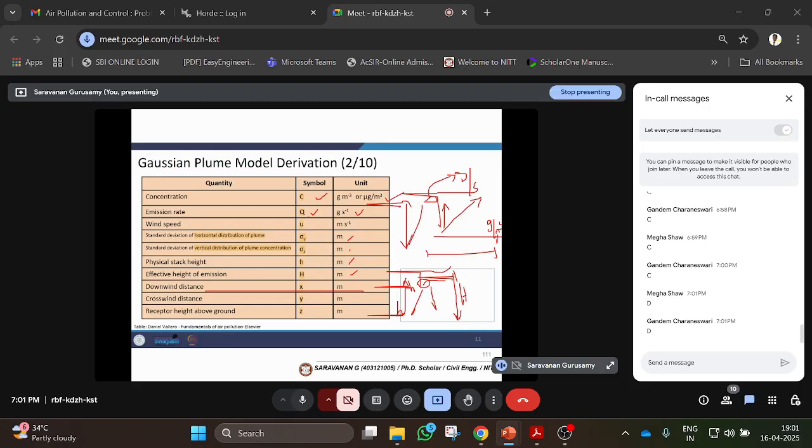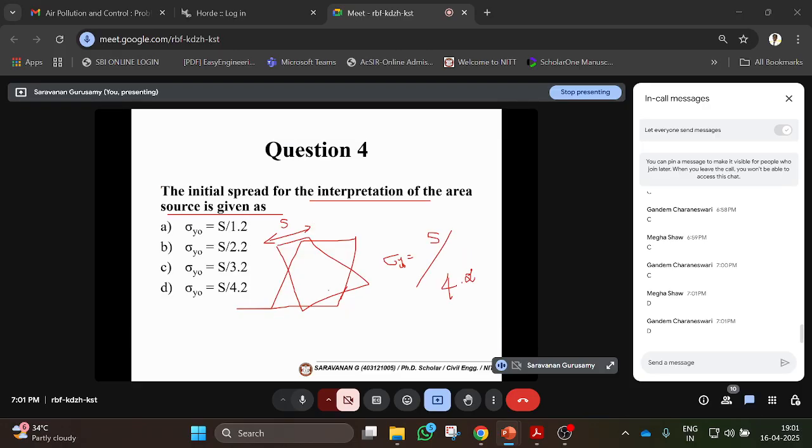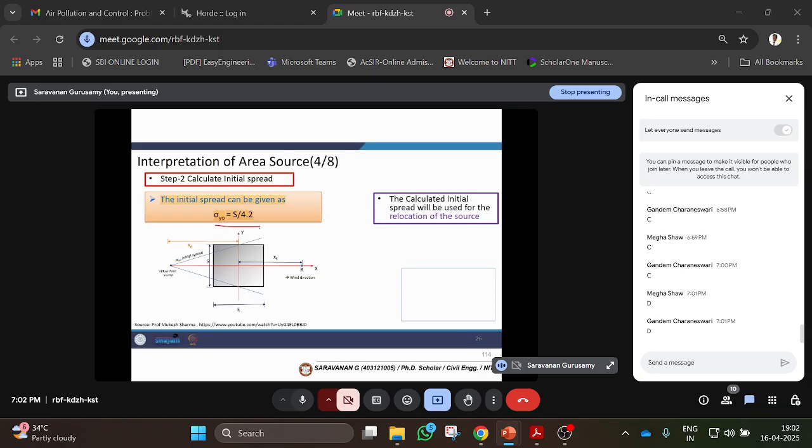Whatever Gaussian model we have discussed is for a plume. For an area, we know the S and we can find the initial sigma y naught by S by 4.2. That's the formula. Sigma y we can find if I know the S, because it's emitting from this area and I am virtually taking a point. That's a virtual point source. Then I know the receptor.